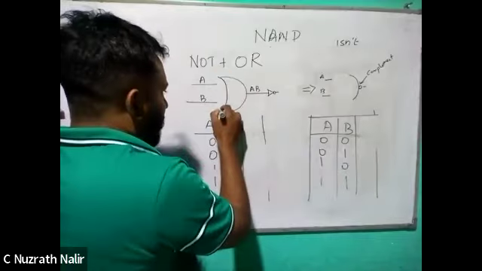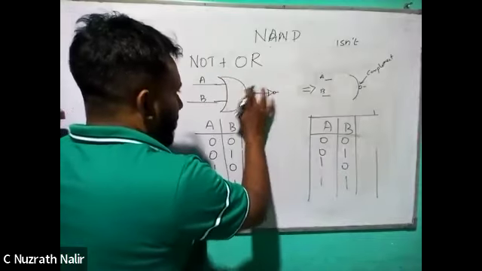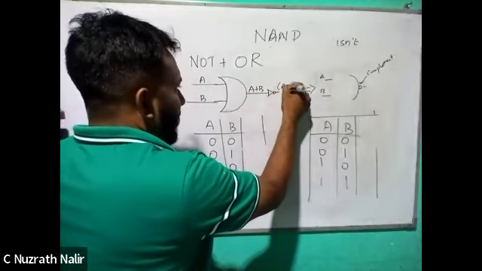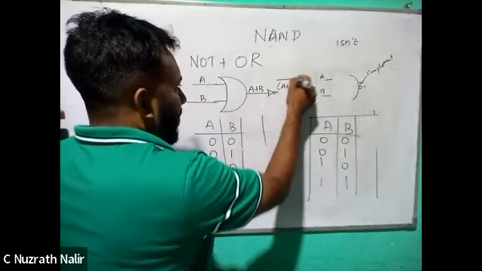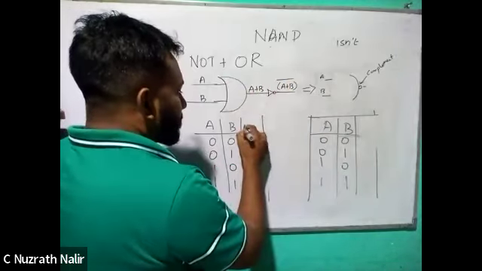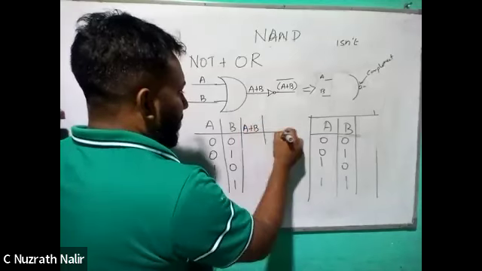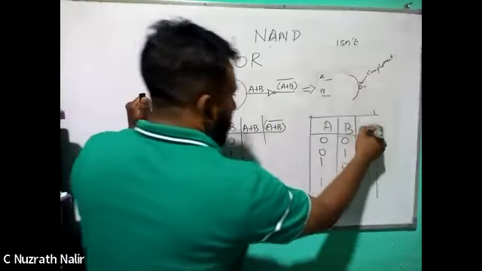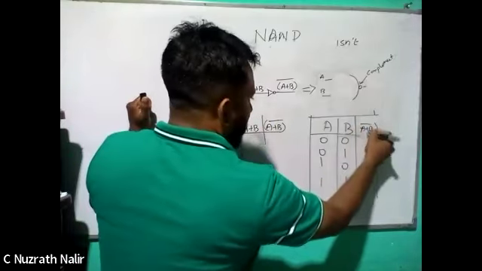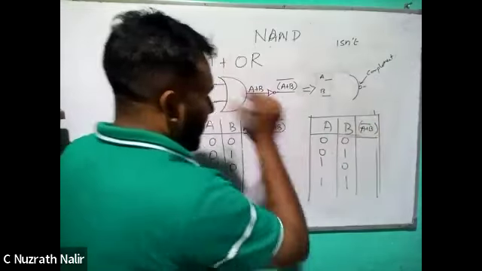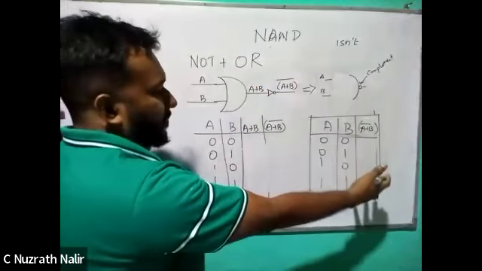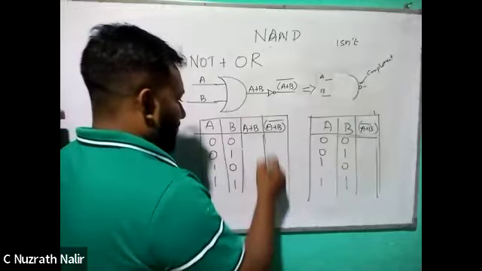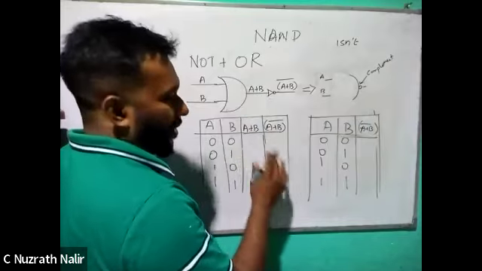OR means it looks like this. NOT A plus B, then A plus B overall bar. If you can find the direct answer, you can use this methodology. Otherwise, you can use this. They will never give you a wrong answer for this.